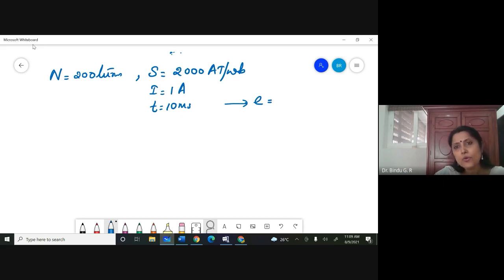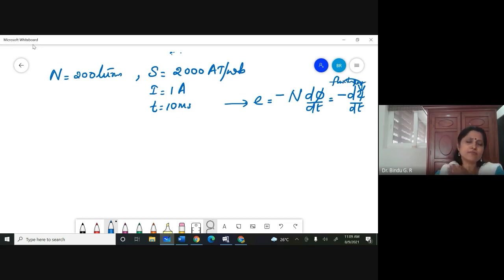E, as you know by Faraday's laws of electromagnetic induction, is minus N d phi by dt, which is the same as minus d psi by dt, where psi is the flux linkage. Flux linkage includes the number of turns also.